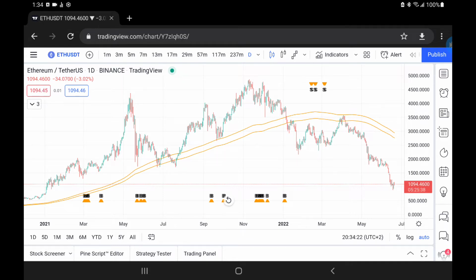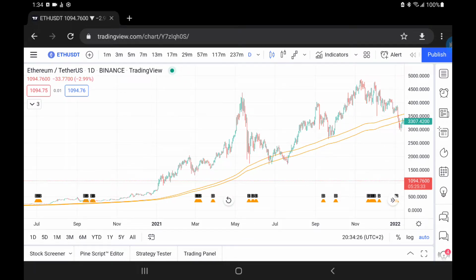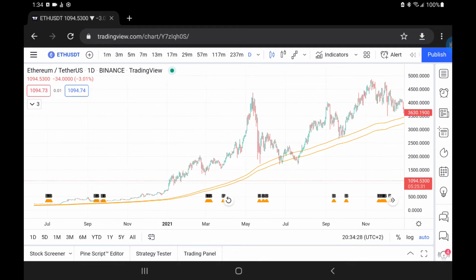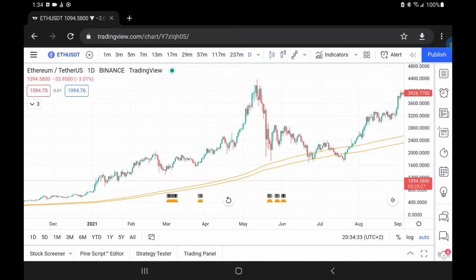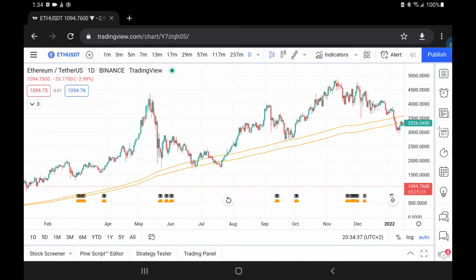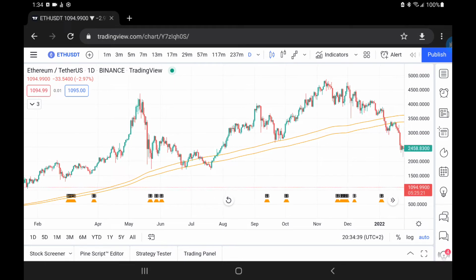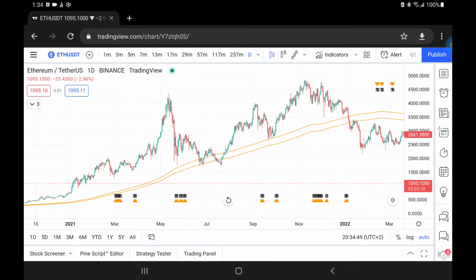Let's look at the massive bull run that led up to this significant correction. So we start, actually let's go back a little more.